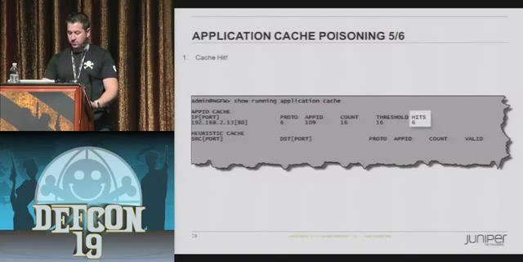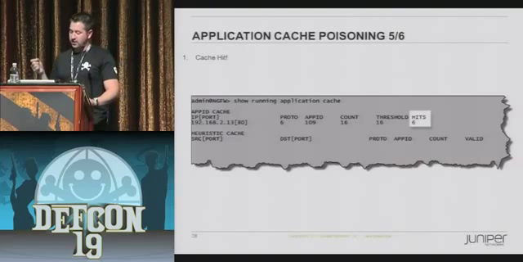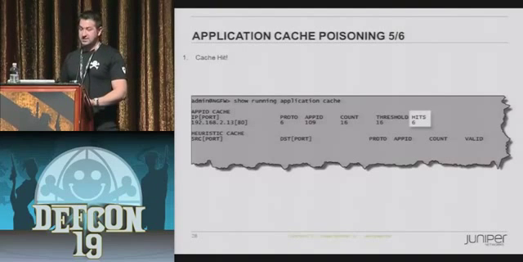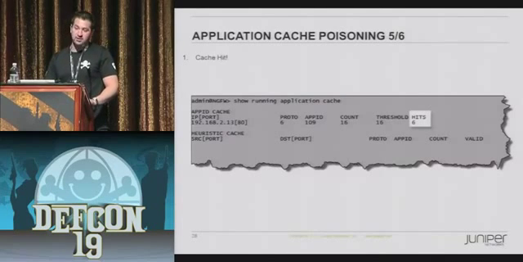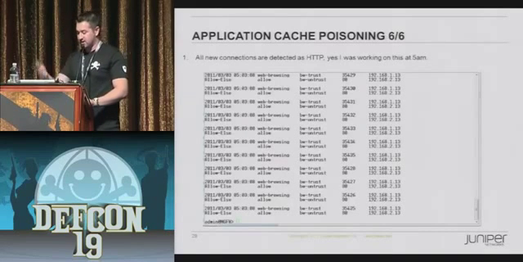And we can see here now that we're getting cache hits every time. The count is the threshold of how many they need to see before they actually put an entry in the app cache. The hits is how many we're getting now, which is saying, yes, this is a cache hit, it matches, but in reality, we're sending SMTP, not HTTP. And that's exactly what the logs say, that this is all web browsing, when in fact it's not.